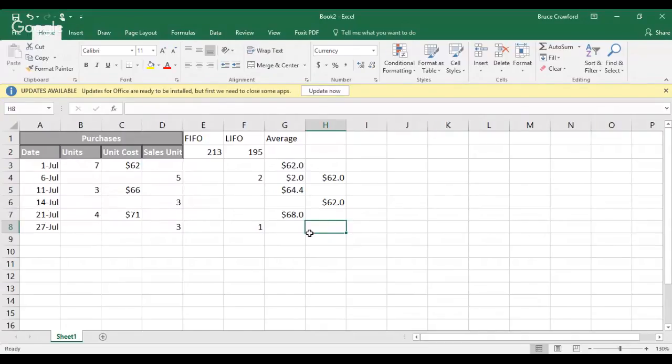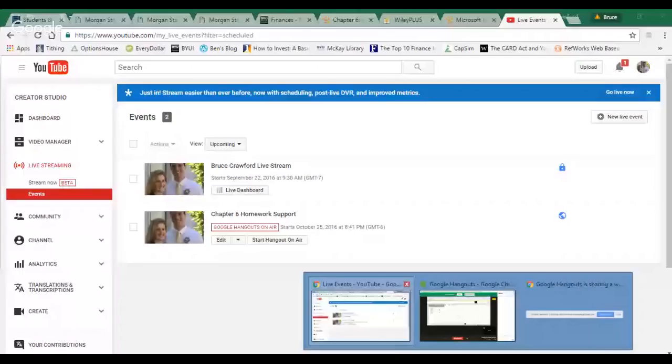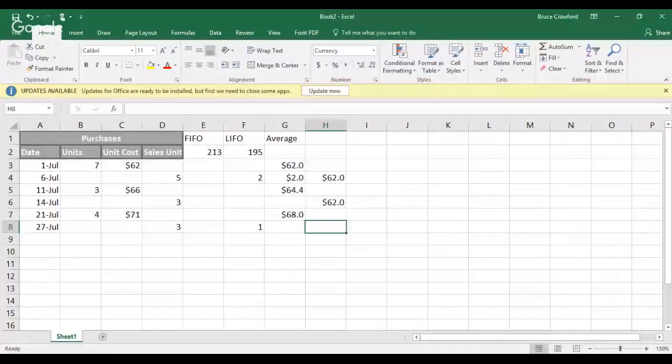So we're going to take the average of these goods sold, which was 68, and so that one product remaining right here cost $68.